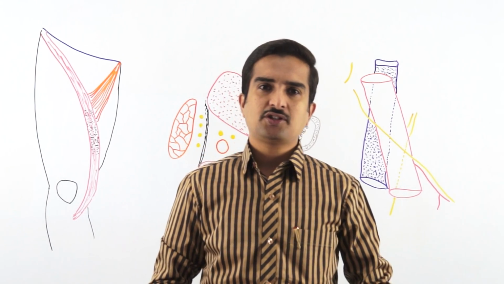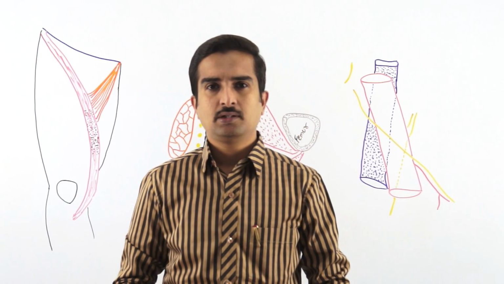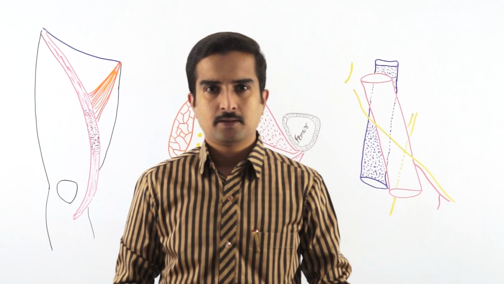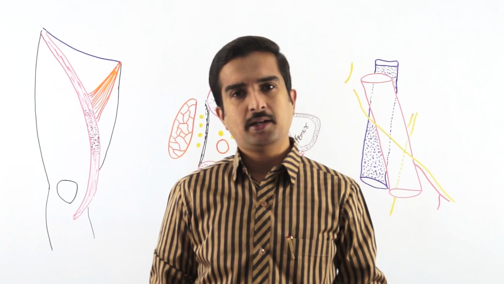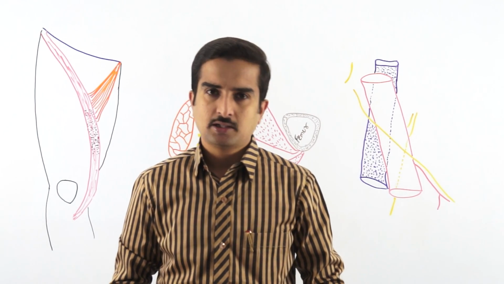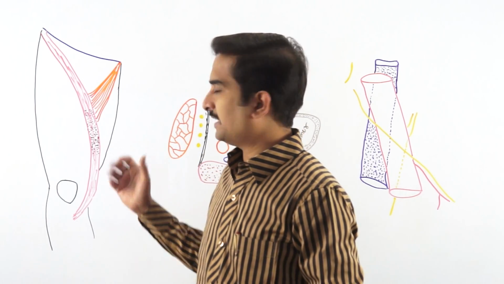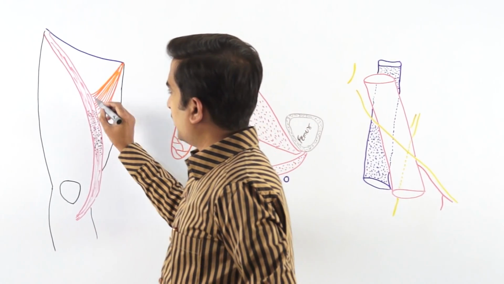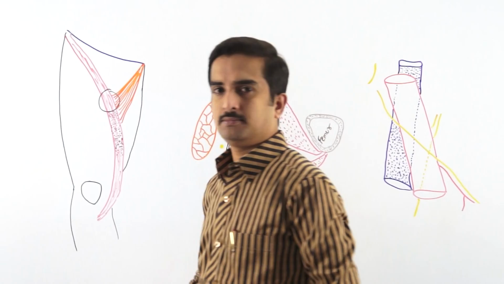If you see the extension of this canal, it extends from the femoral triangle above to the tendinous opening at the adductor magnus below. So let us see the extensions here. You know that this is the apex of the femoral triangle, right?